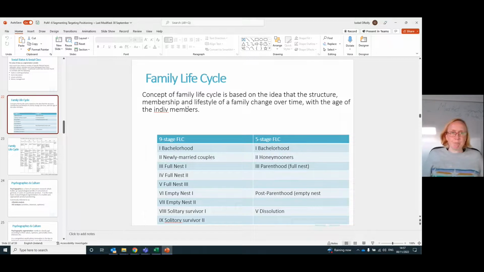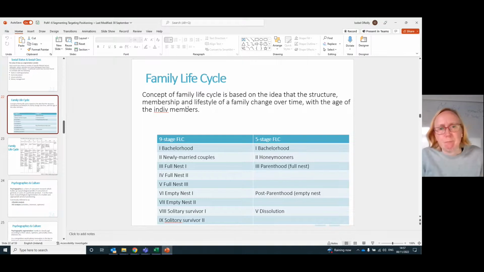So family life cycle is another way we can classify our customers, and that's separate to social class and so on. We can look at them together and correlate things because sometimes they can go hand in hand, and we'll see that in a second. So the concept of family life cycle is based on the idea that the structure, membership and lifestyle of a family can change over time with the age of the individual members.